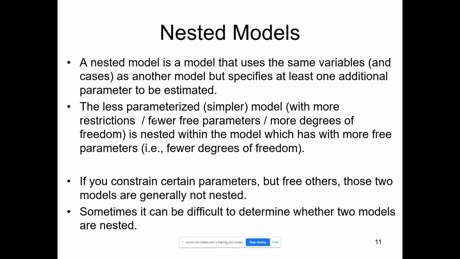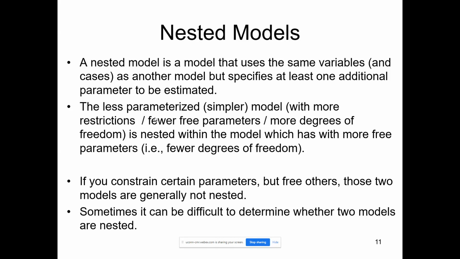So the general principle is this, and it's important. For two models to be nested, you first have to start with the same set of variables, and you have to have the same sample size. You need to have the same cases.